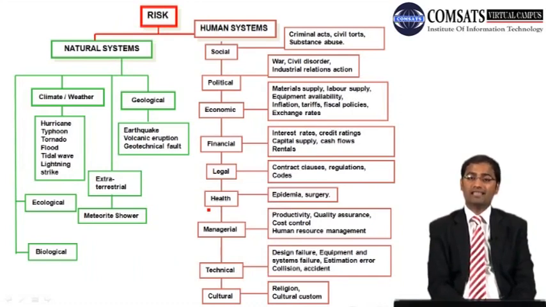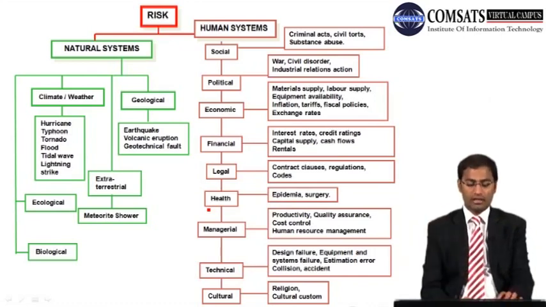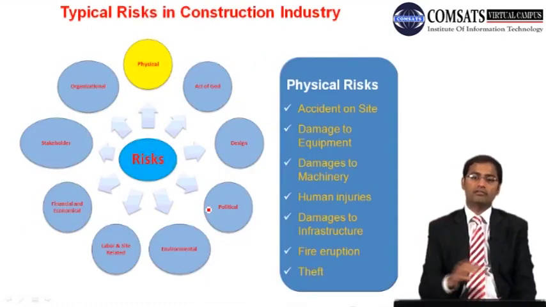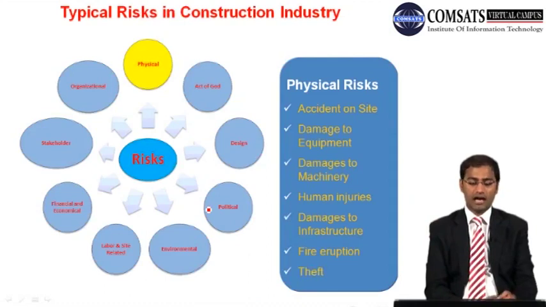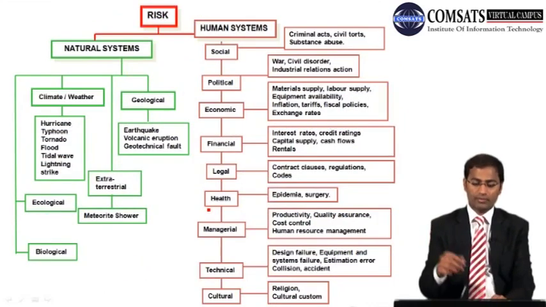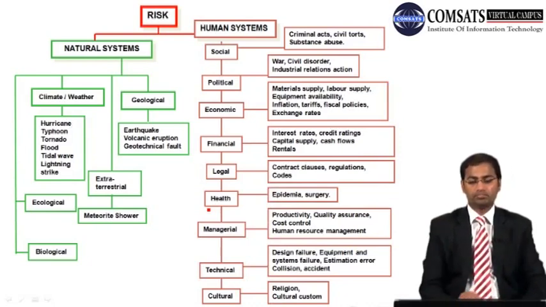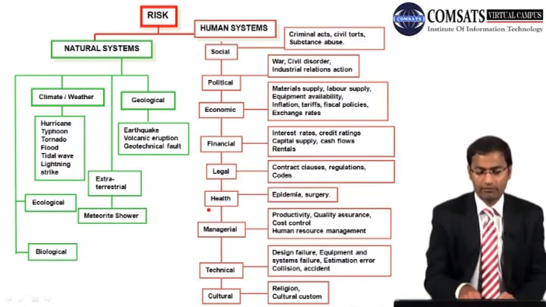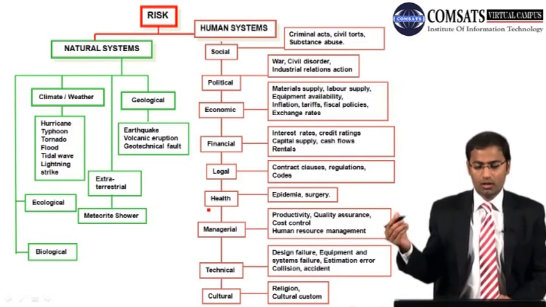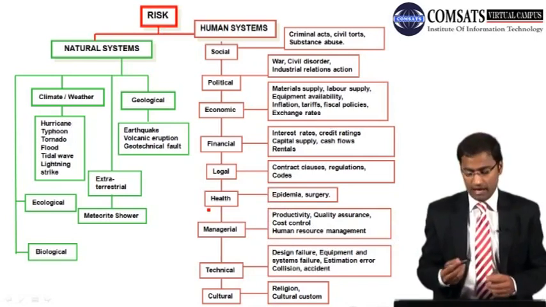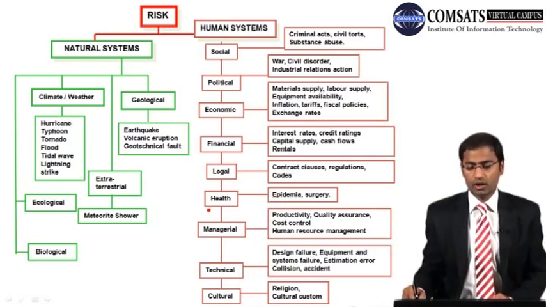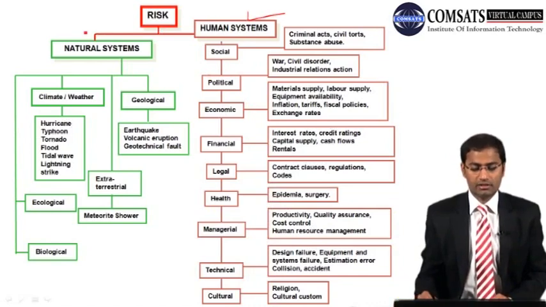One example of a risk breakdown structure, RBS, was discussed in the last class. So that is one kind of RBS, and another kind of RBS may be of this type. So if we want to divide our risk into two categories, that is human systems and natural systems.